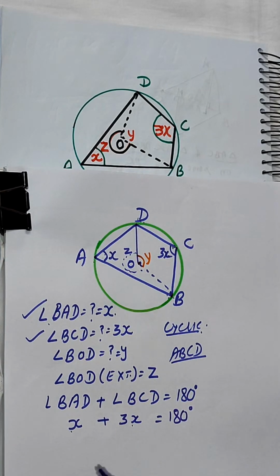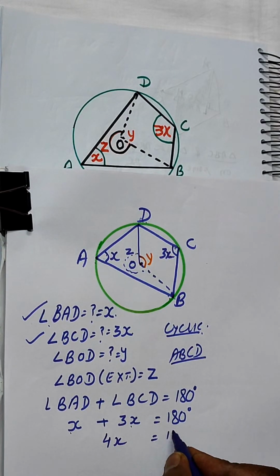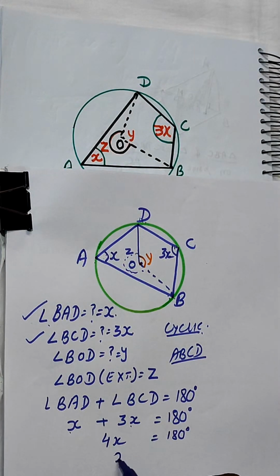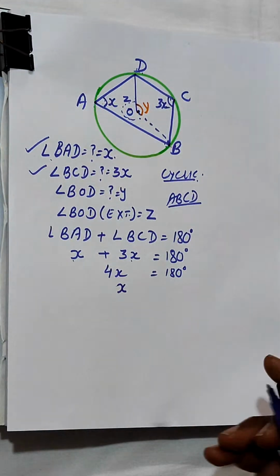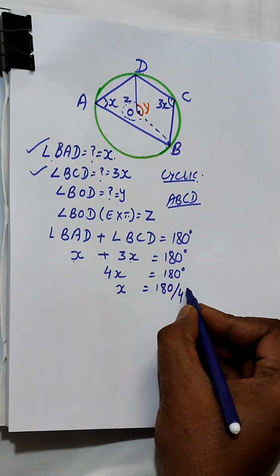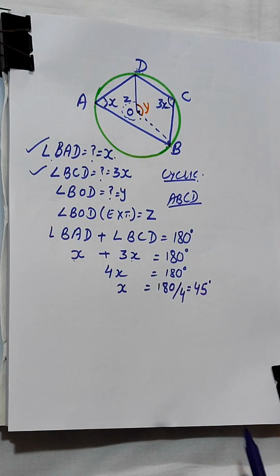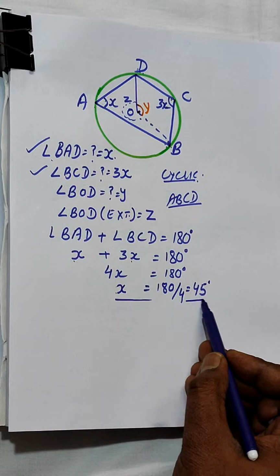When you add x and 3x, you get 4x equal to 180 degrees. The value of x is 180 divided by 4, which is equal to 45 degrees. So the value of angle x is 45 degrees.